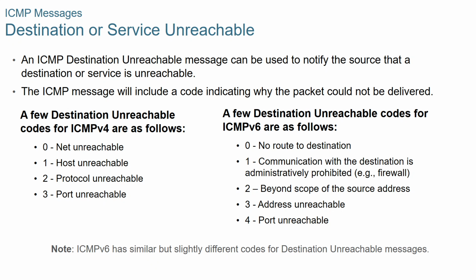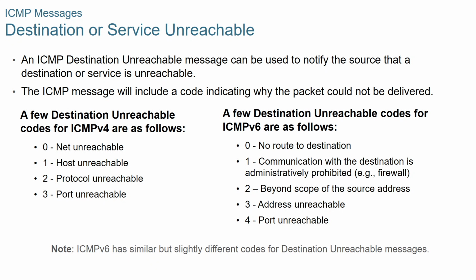There are a few similar unreachable codes within ICMPv6. 0 is no route to destination, 1 is communication with the destination is administratively prohibited, meaning there's a firewall in the way blocking it, 2 is beyond scope of the source address, 3 is address unreachable, and 4 is port unreachable. Just note that ICMPv6 has similar but slightly different codes for destination unreachable messages compared to ICMPv4.